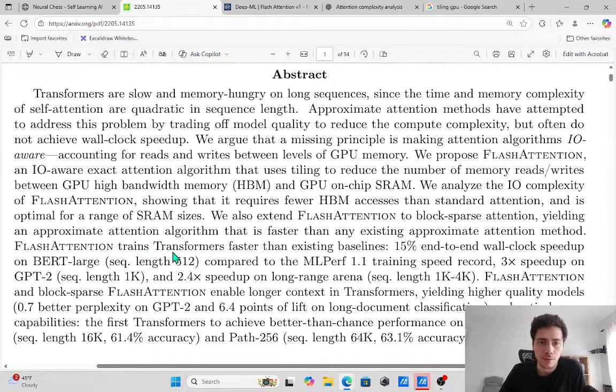Okay, flash attention trains transformers faster, with a 15% end-to-end wall clock time speedup on BERT. Nice. Oh my god, I haven't read the word BERT in so long, because now it's all LLMs and LLM this and LLM that, and chat and Mistral or Mixtral. But the word BERT brings me back.